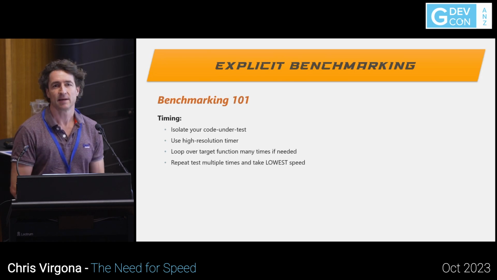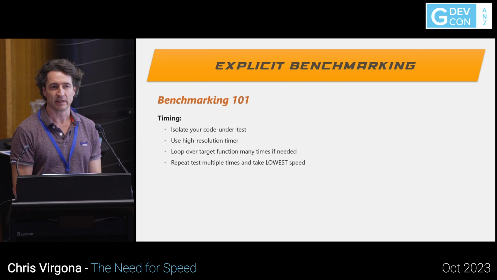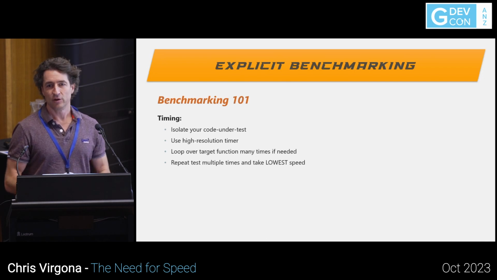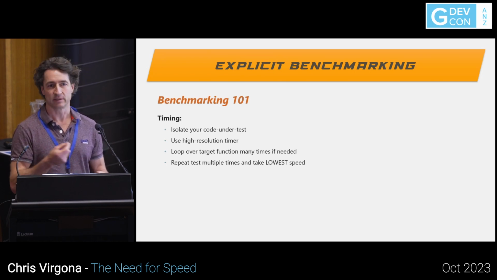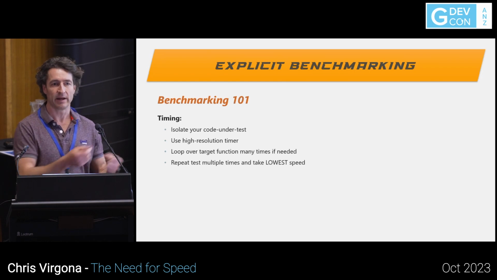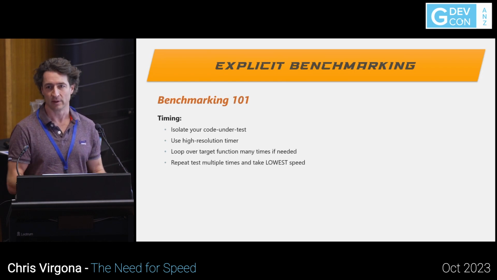The last thing, which is something that many people don't intuitively realize: repeat your test a number of times and always take the lowest result. You don't take the average time or the maximum, the worst case. So the logic here is that your timing is going to be really, really good unless something else gets in the way, like Windows decides to do an update, or someone is interacting with some other program, or something else is consuming resources.